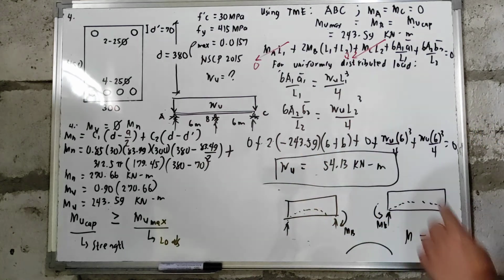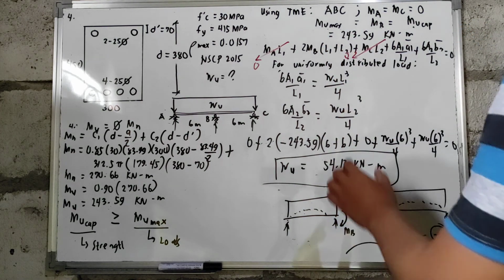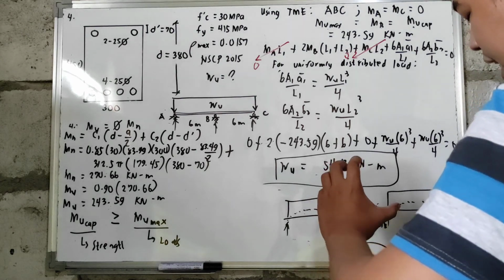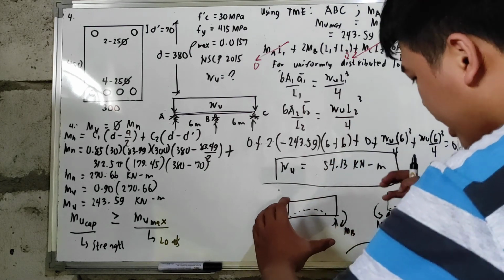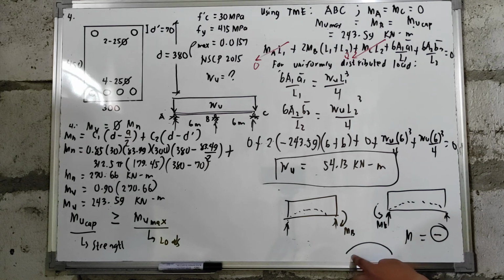Kaya, ine-negative natin yan, regardless na nakuha natin dito is positive. So, yung negative natin dito, ito lang yung orientation natin na nagsasabi na etong moment natin, kino-concave or binabaluktot niya yung beam natin ng sad face. So, pinapalungkot niya yung beam natin. That is the reason kung bakit negative yung value ng MB natin.